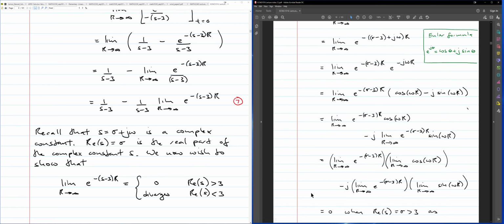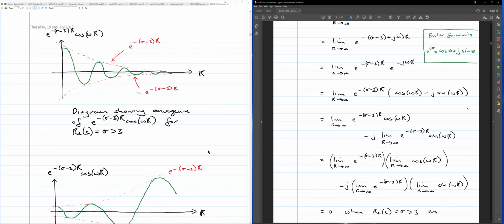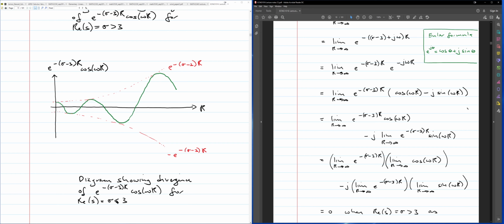And then when your real part of s is less than 3, when the sigma is less than 3, your exponential in this case is just going to keep increasing, in which case you can't argue for convergence.